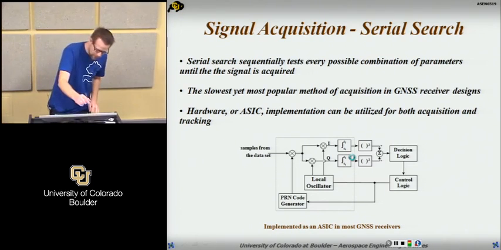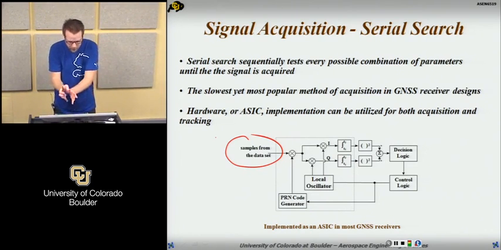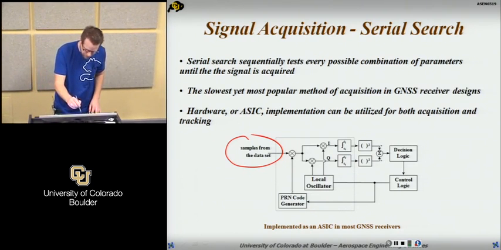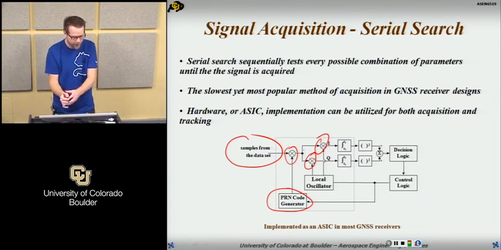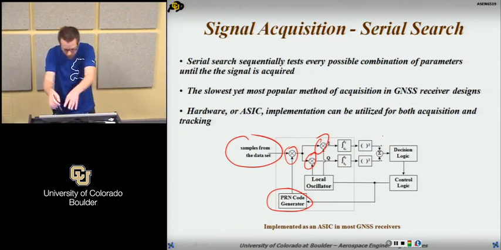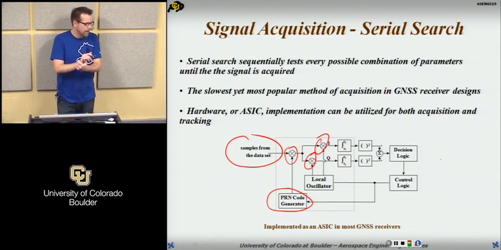But we have our samples coming in from the data set, and this is basically another way of looking at the acquisition. It's pretty much the same thing. We generate the code, multiply with the code. We have the I and Q local oscillator, we integrate, we get the power out, we sum it, we have some decision logic. Does that make sense? What's different from the other block diagram I showed you?